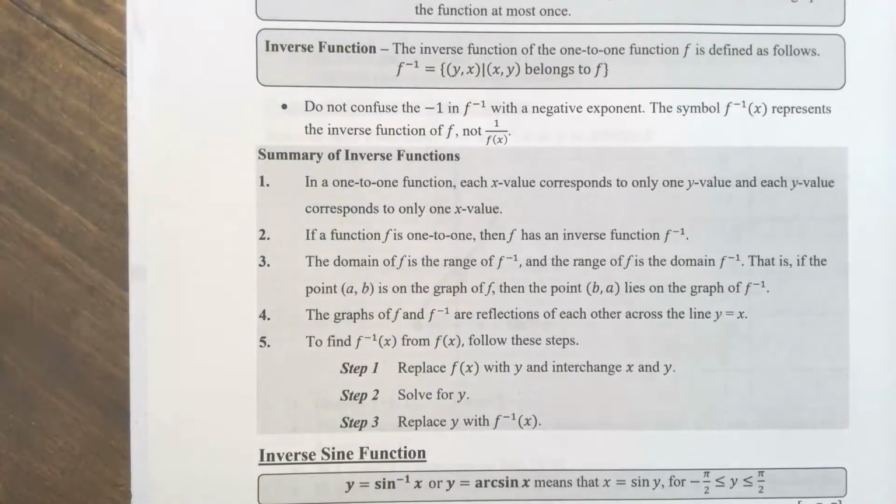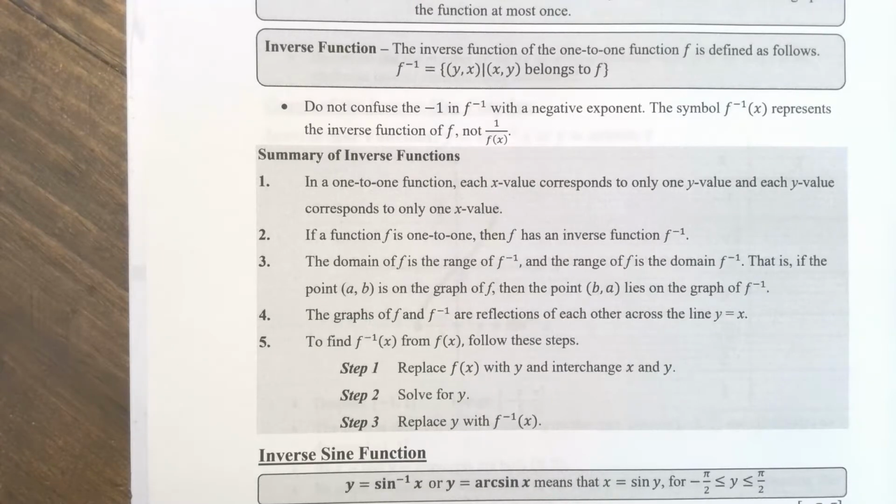Summary of inverse functions. In a one-to-one function, each x value corresponds to only one y value, and each y value corresponds to only one x value. If a function is one-to-one, then the function has an inverse function.